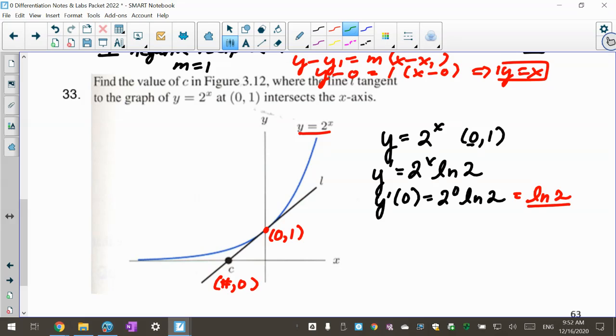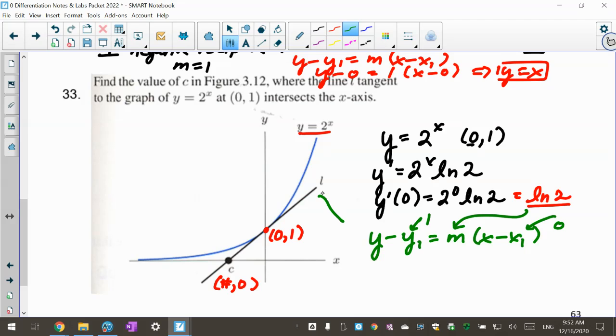So let's do our line. We have y minus y1 equals m times x minus x1. And now I know the slope of my line at the point (0, 1), so the 1 is going to go here, the 0 is going to go here. Then I can figure out what this line L is.